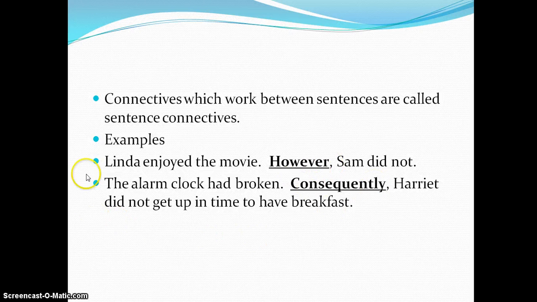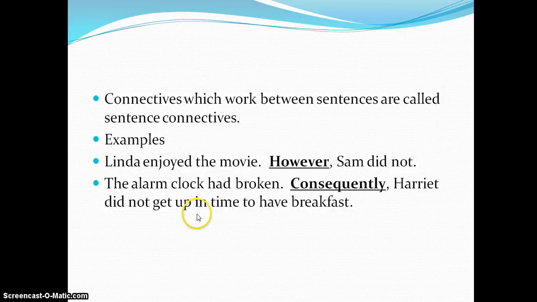Let's look at the examples. Linda enjoyed the movie. However, Sam did not. You can see these are two separate sentences. You can see the full stop, meaning this is one sentence and then this is another sentence. We join both of them together to have Linda enjoyed the movie, full stop. However, Sam did not. So we're showing the relationship between this part and this part.